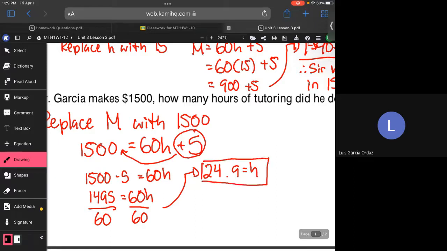In this case, we have to use decimals. So what would my therefore statement be? Sir tutored for 24.9 hours.